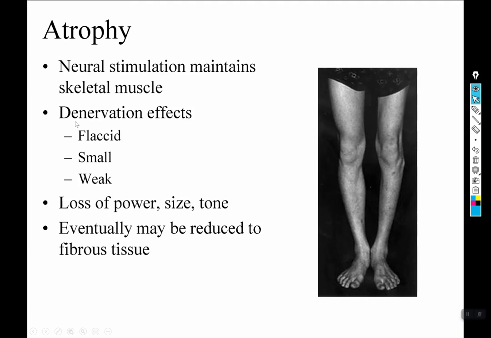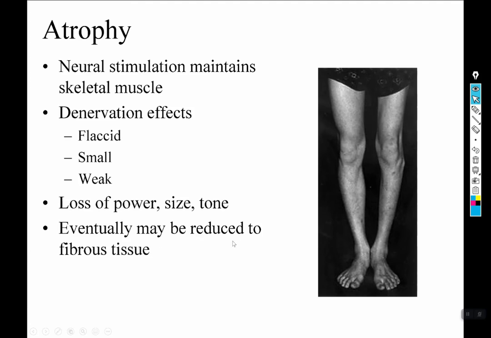The corollary to that is that denervation, which is the removal of nervous supply, is going to create muscles that are small and flaccid and weak and eventually begin to lose protein, because they're not being asked by a nerve to generate any tension at all. Eventually, if this is extreme enough, we can see reduction to fibrous tissue, where the body just decides it's not useful to maintain this muscle because we're never going to use it again, so we might as well just turn it into collagen.